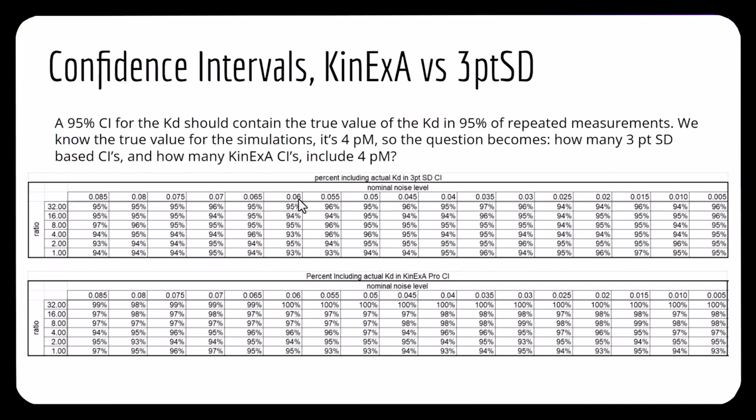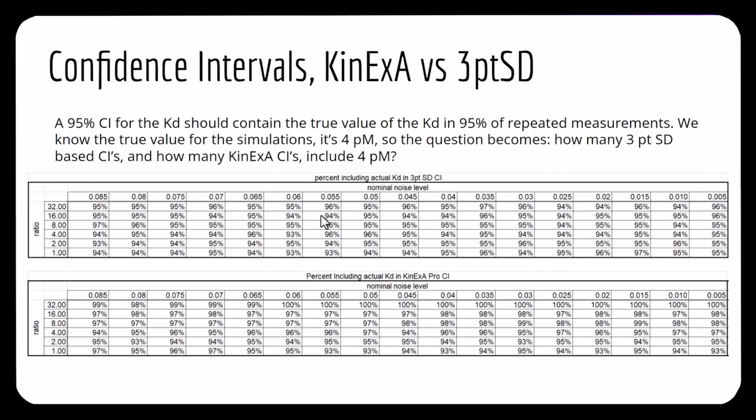And I asked the question, how many of those confidence intervals include the true value of 4 picomolar? The answer is, again, it's basically 95%. It's variable, it's 93, it goes up to 97, but these average out to be 95%. This looks really good. So even though I don't feel like it ought to be working, it's working.